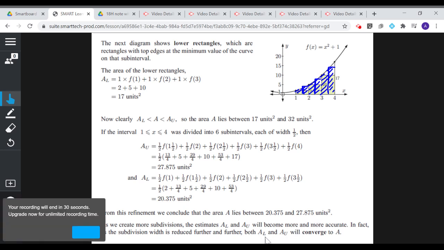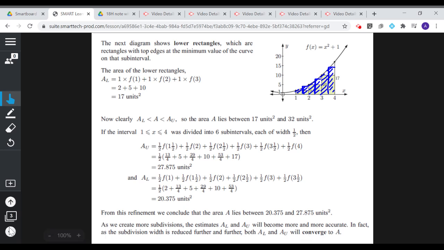And eventually, the area of the lower rectangles and the area of the upper rectangles would converge at the total area. Now, there's more in your textbook. There's a more formal definition. I'm going to leave that as our introduction and continue in the next video.